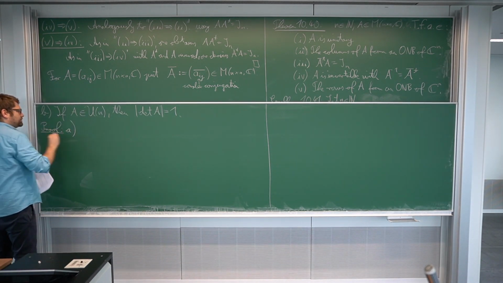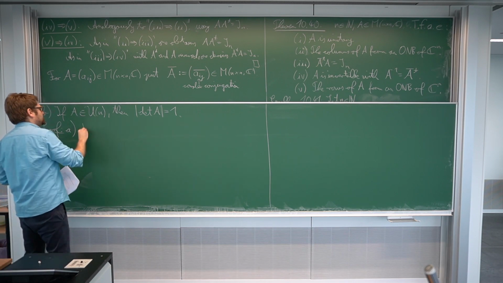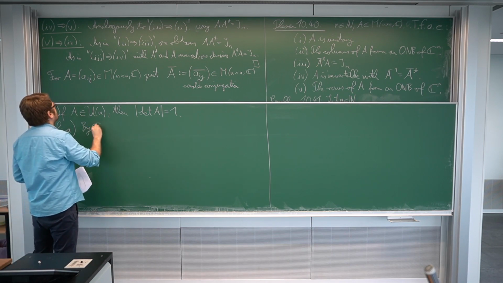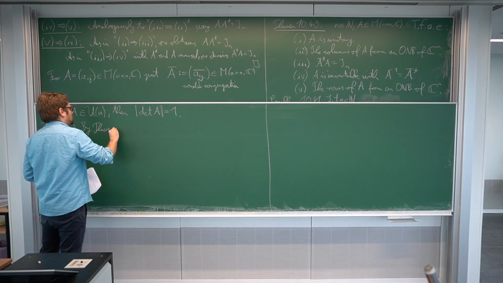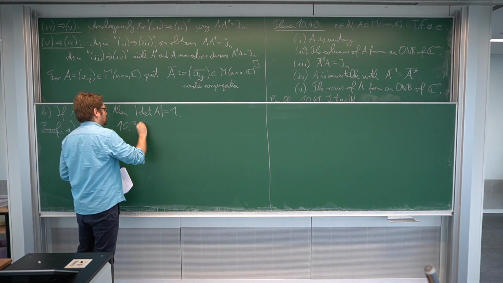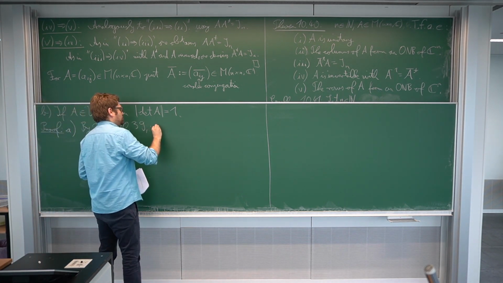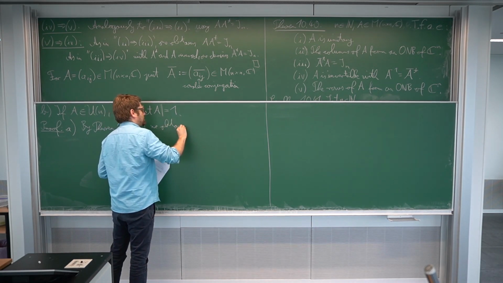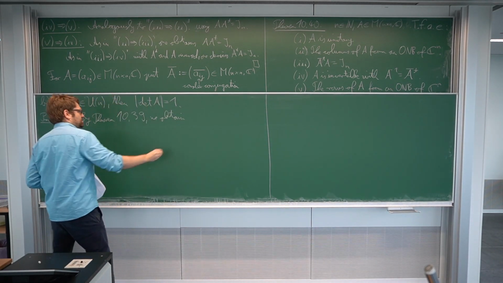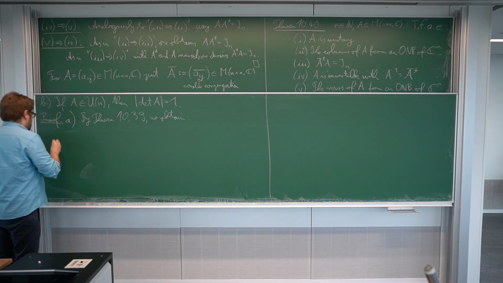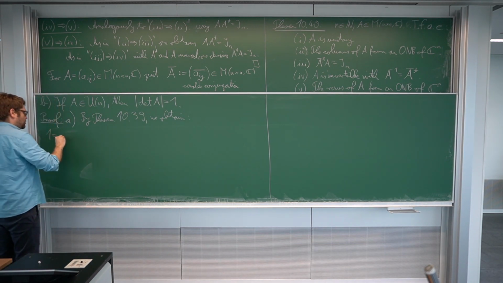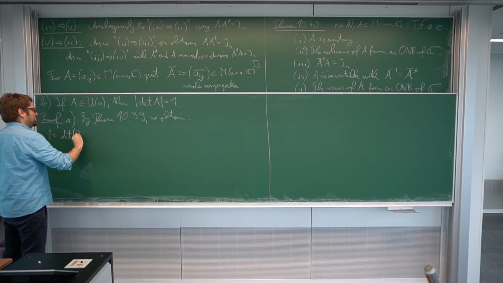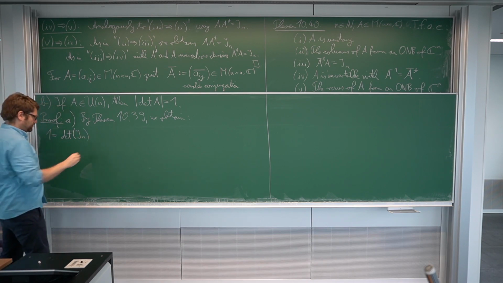So, part A. From this theorem 1039 we obtain the following, and now we just make a computation of determinants. 1 is known to be the determinant of the identity matrix. Okay, so far so good.